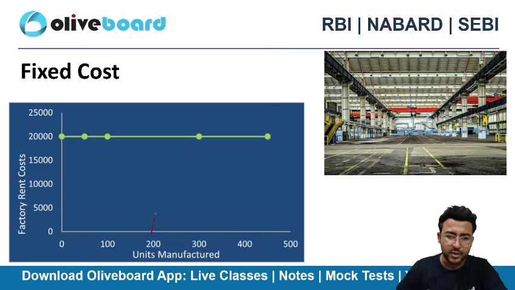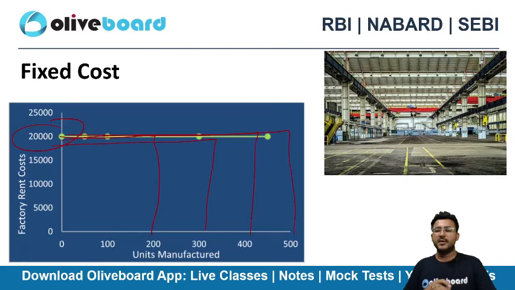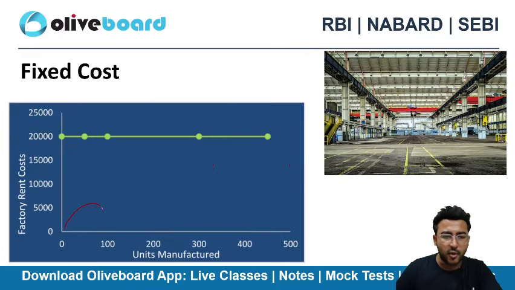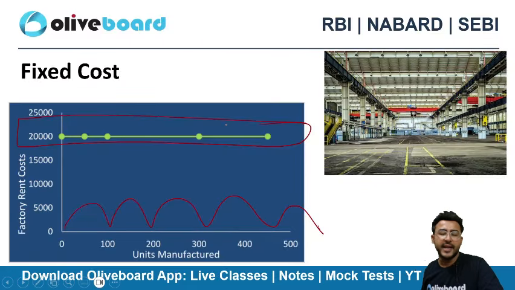Even if we manufacture 200 units, the cost will be 20,000. 300 units, 20,000; 400 units, 20,000; 500 units, 20,000. Irrespective of change in the level of activity, the cost remains the same. The cost is fixed only. That's why we call it fixed cost.